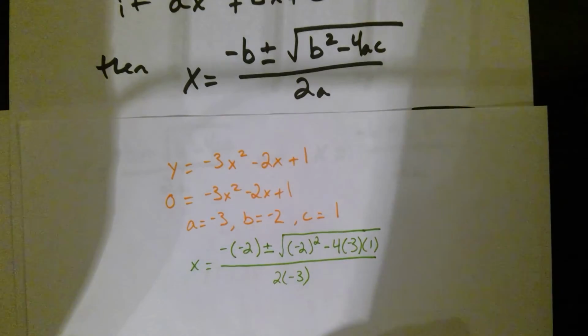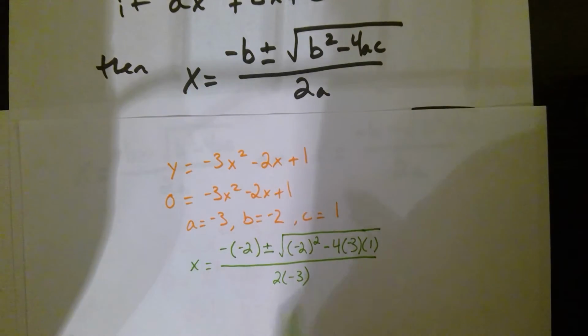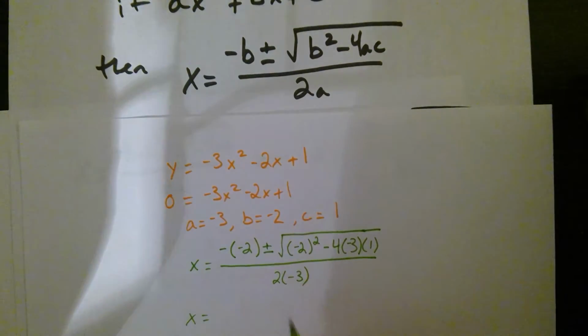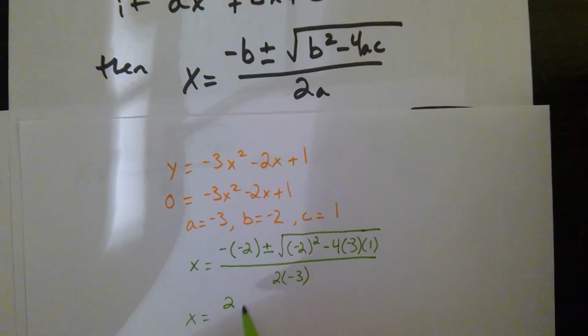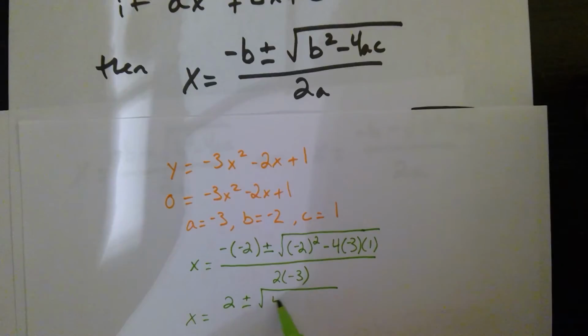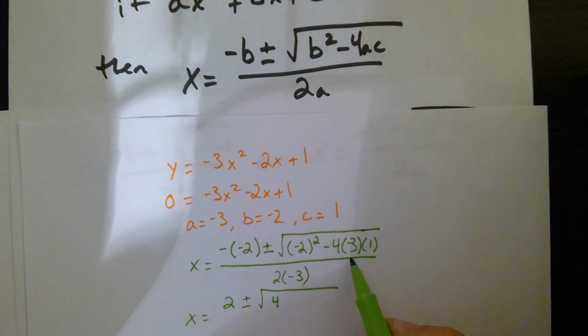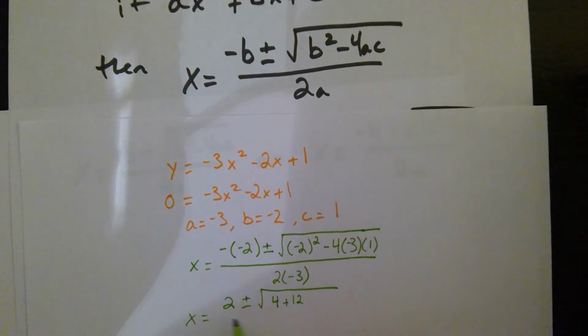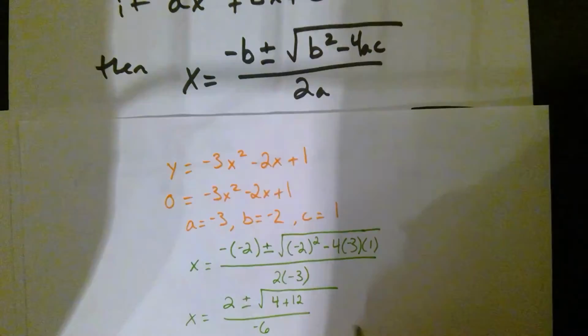So once again, we got to simplify in 3 places. Here, here, and here. Okay? So, x equals negative times negative 2. That's a positive 2. Plus or minus, here we have square root of 4. Negative 4 times negative 3 times 1 makes plus 12 over negative 6.